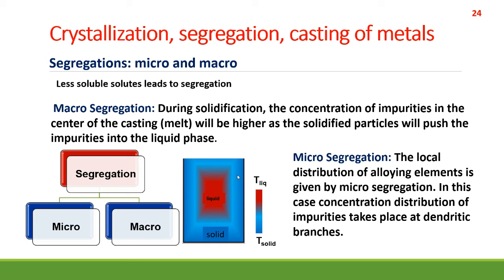So here at this position, before I discuss segregation, I want to tell you that segregation is something that comes into play because of the less soluble solutes in the melt.